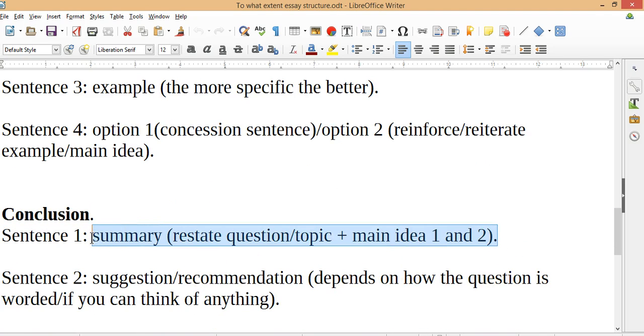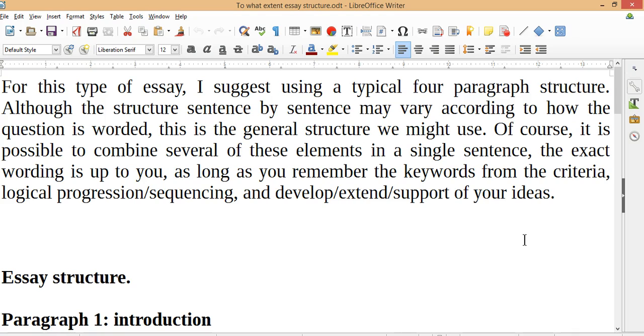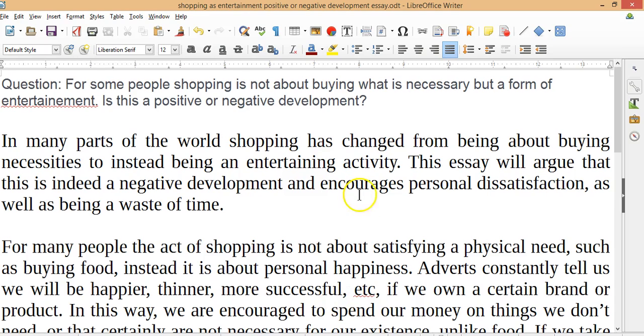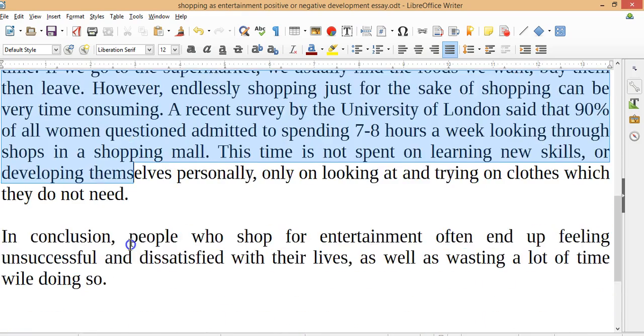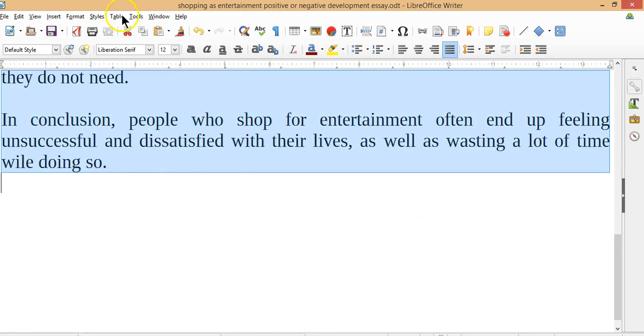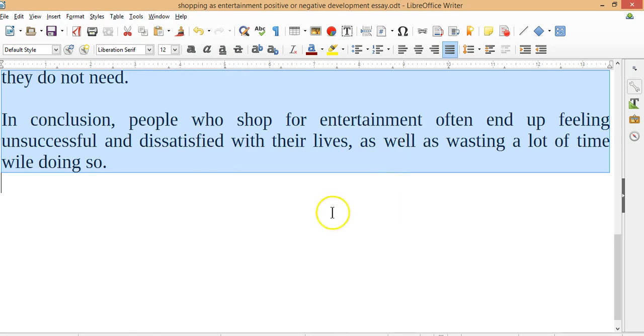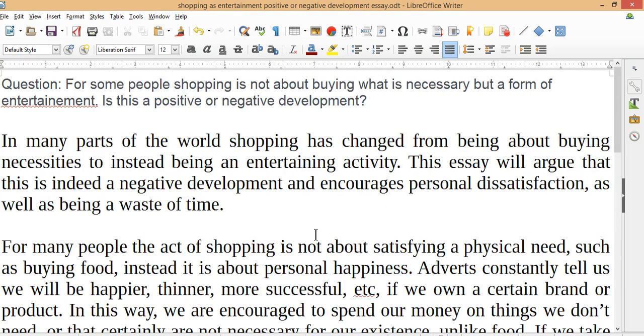Although some people like to shop for entertainment, this can lead to unhappiness and a waste of time, blah blah blah. Okay, so that's one way that you can attempt such an essay. Now if we check the word count, because I didn't, I just wrote this in a couple of minutes, 287, that would do fine.